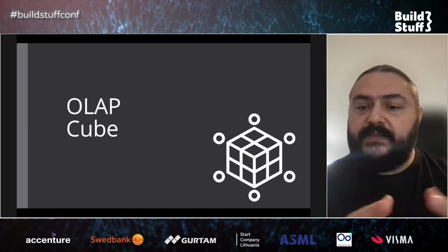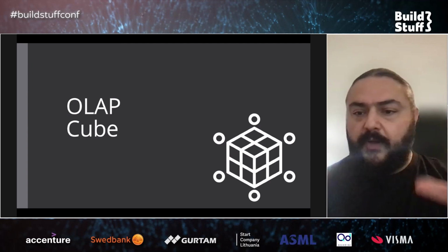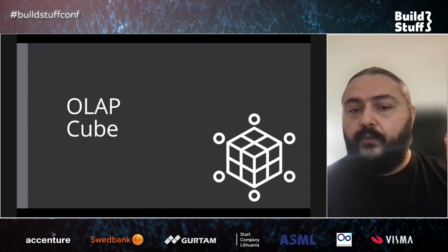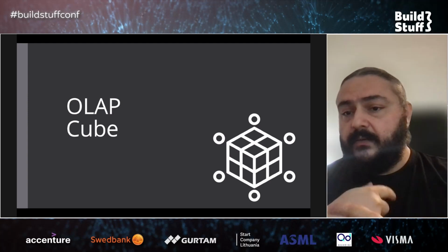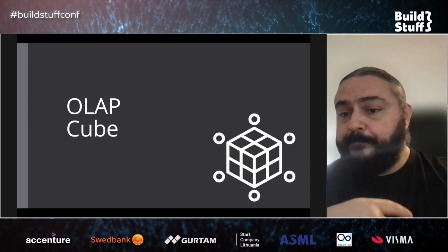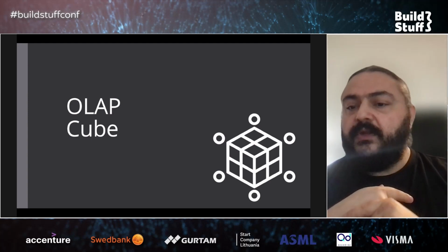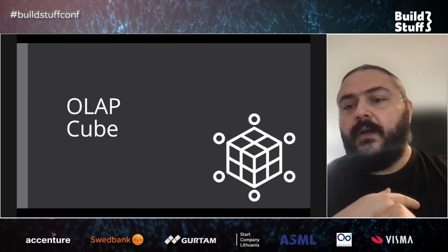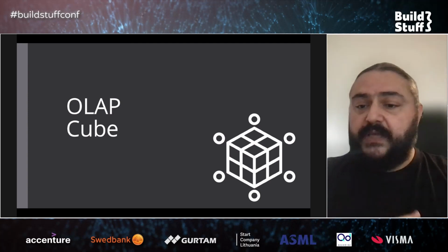And an OLAP cube is a data structure that solves the other set of problems we have with analytical data, which is how can we quickly run aggregations on a lot of data? Because in this case, we're not actually keeping the original data in memory, we're only keeping the computed aggregates, which are much smaller than the original data in most cases, right?